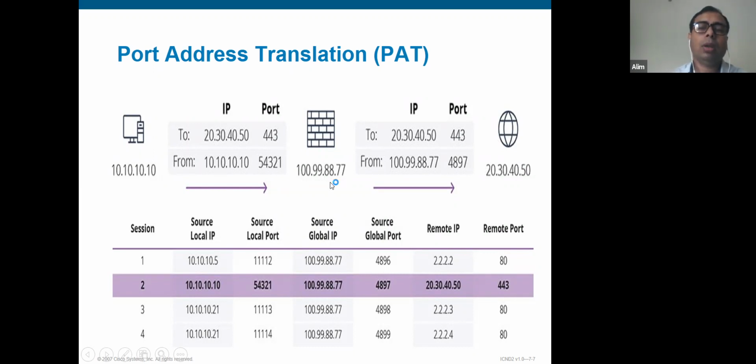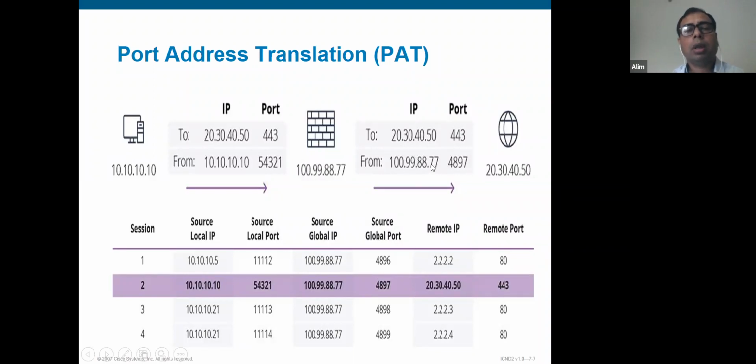In the router, it will change the source IP address of the 10 series. Then it will assign another IP address, 100.99.80.77, for example. One public IP address is assigned, and now the new packet has the source IP address of this translated IP, and it has a port also. The destination IP and destination port are unchanged. They cannot be changed.